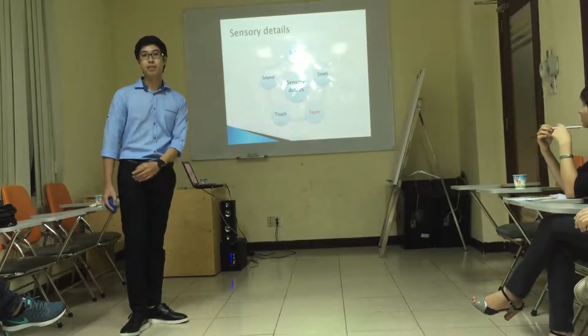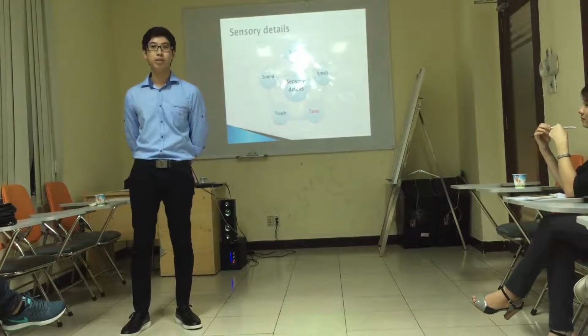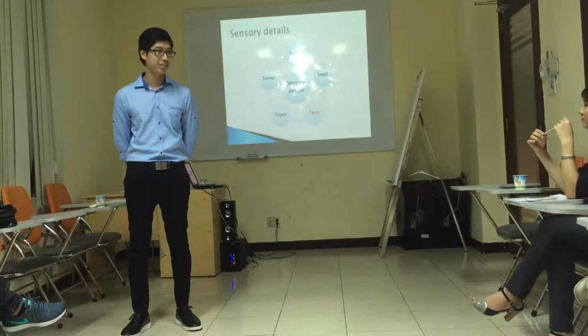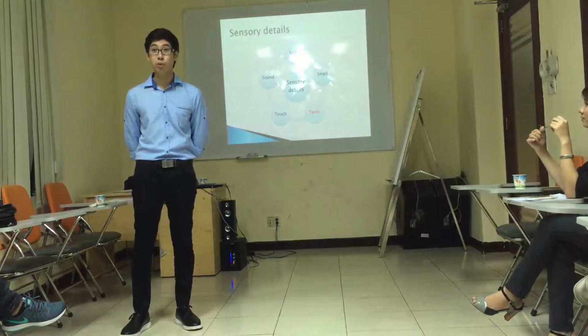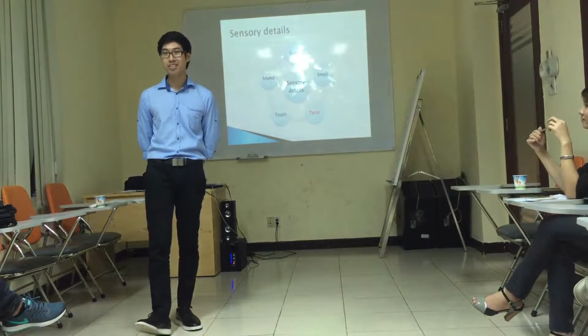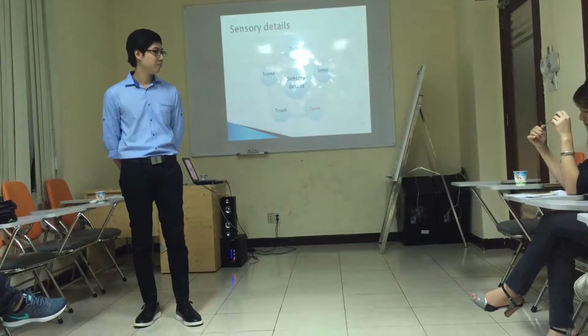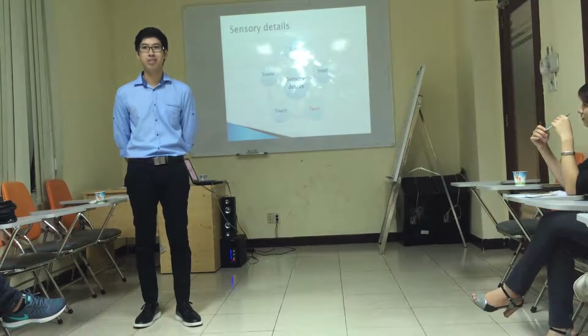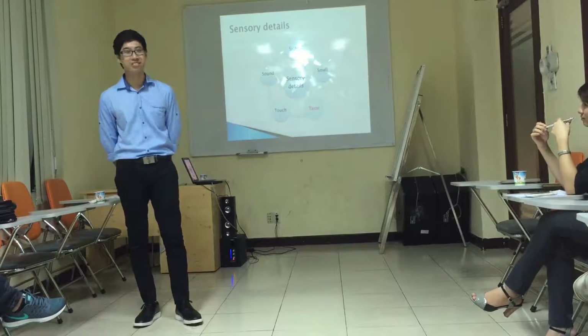For the taste, the reason why I put it in red is that you don't apply the taste all the time, except when you write about food or drinks. If you describe an attraction, a house, or a person, you can hardly apply the taste, right?